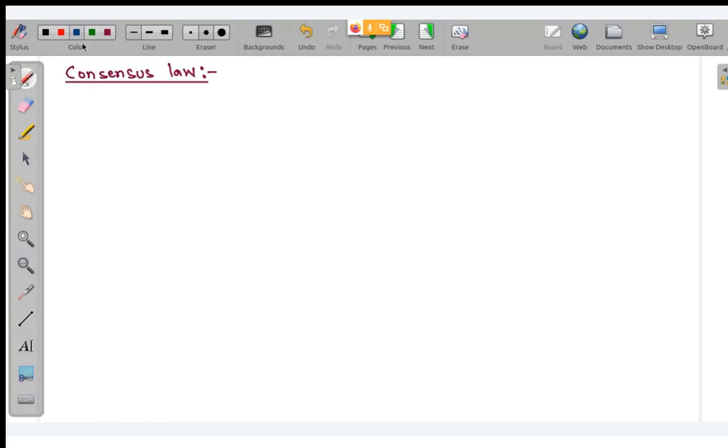Consensus law? Okay, you haven't heard. So can you minimize this expression and tell me what this will be? So minimize this one.